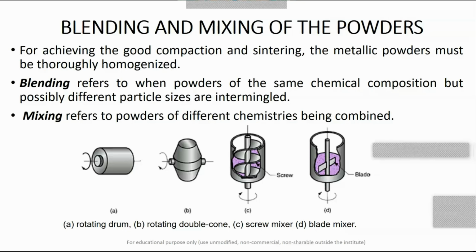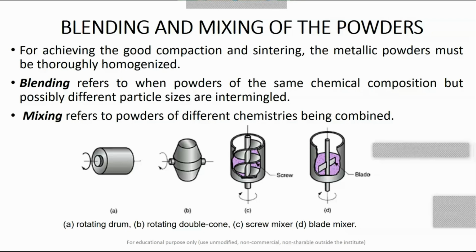Otherwise, at a particular location in the mass, it will have a different material composition, so different mechanical properties at different locations, which will cause non-uniform material properties in the product, and premature failure of the product under actual working conditions.